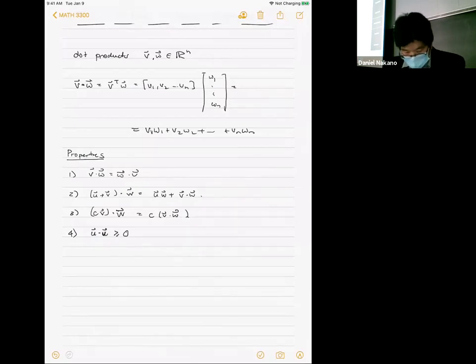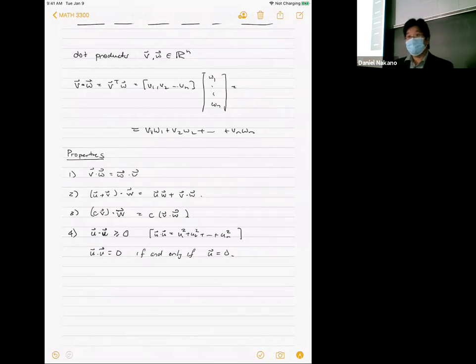Clearly that is greater than or equal to 0. And U dot U is equal to 0 if and only if the vector U is equal to 0, since the sum of squares is 0 only if all the components are 0. Any questions on this?